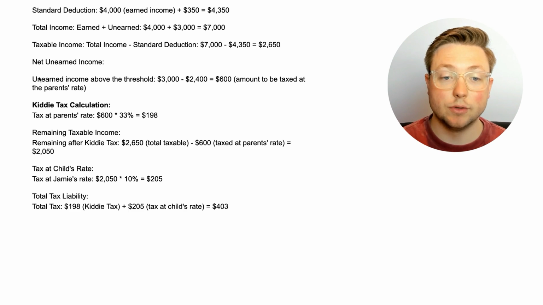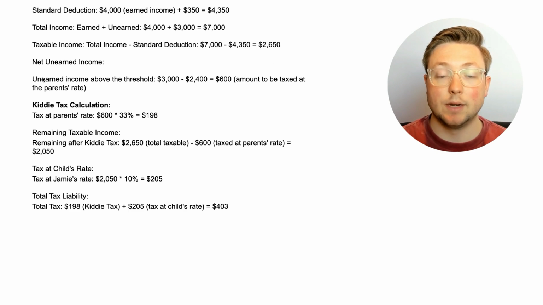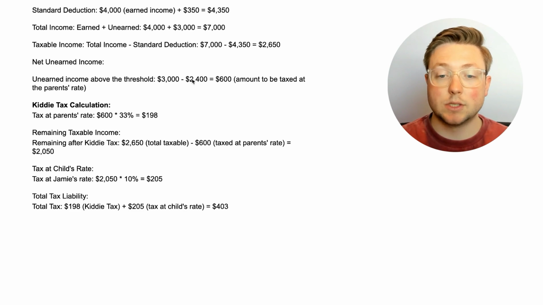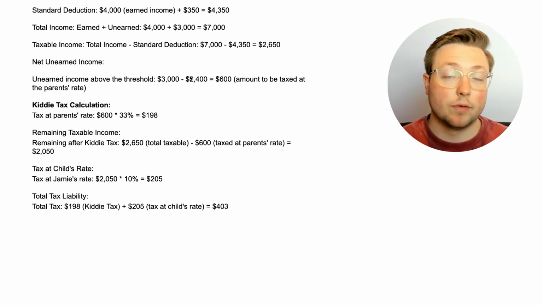We go over here to the net unearned income, and we calculate that by taking the unearned income right here and subtracting the threshold that was given. Now, this threshold, same as the number up here, will change with time. So I'm not going to give you the specific number for this year because I don't know what it is. You'll know that from your review course or from just looking it up.